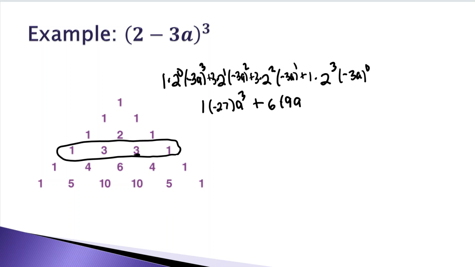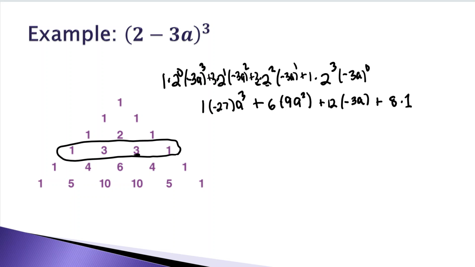And a squared. And then in the third term, I have 3 times 2 squared is 12. Negative 3 to the first is just negative 3, and then a to the first. And then here I have 8, and negative 3a to the 0 is just 1.